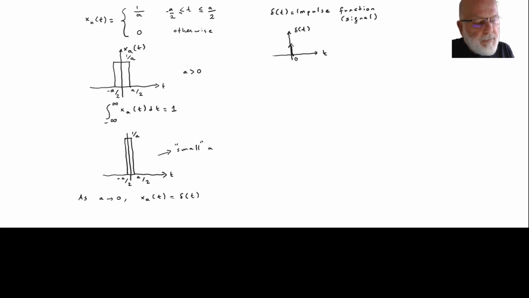And we place this 1 in brackets beside this representation of the impulse to show that its strength, or in other words, the area under the curve, the integral, is equal to 1. So from minus infinity to plus infinity, delta of t integrated with respect to t is equal to 1.